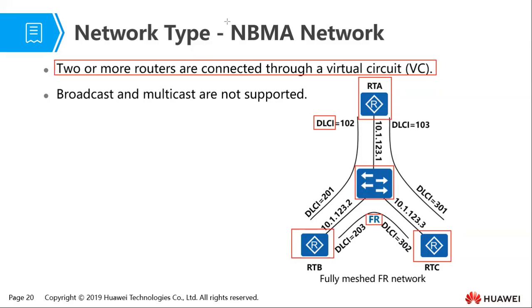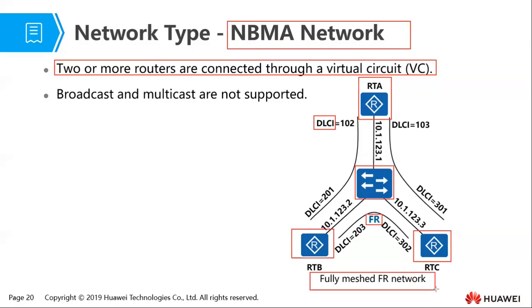So for a non-broadcast multi-access network, a good example is what we call a fully meshed frame relay network. So everyone is interconnected with everyone else. You see here, you have 3 routers and 3 virtual circuits. That's why it's called fully meshed.